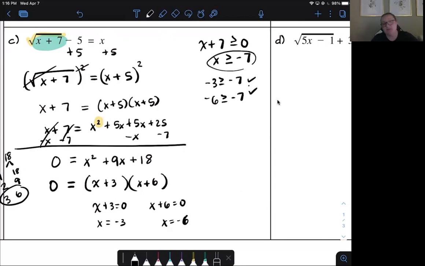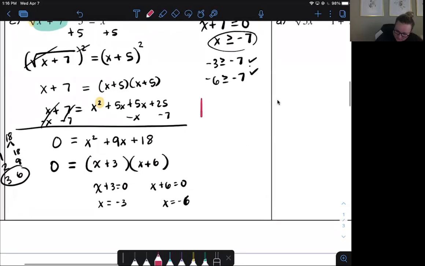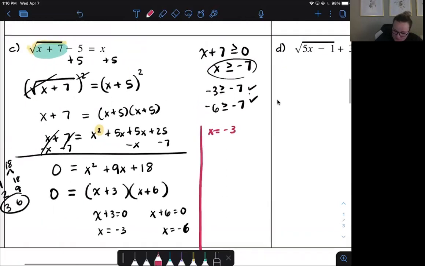But we still need to plug them back into the actual equation and just double check that it all works. So let's do that. We're going to check x equals -3 first. So the square root of -3 plus 7, minus 5, is equal to -3.